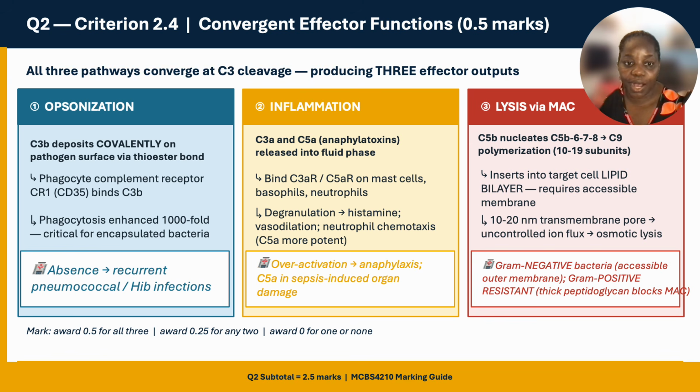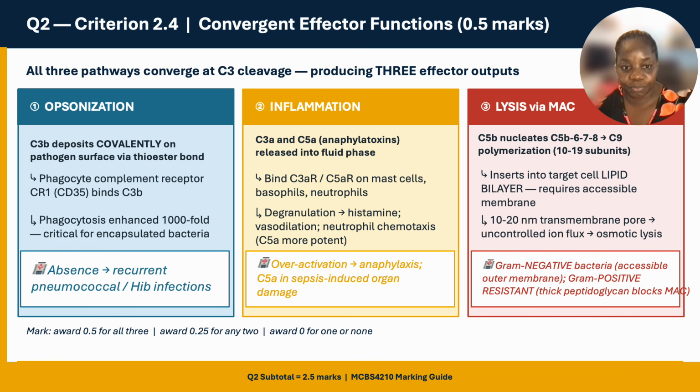So here you have all the three pathways converge to a C3 cleavage, and this convergence will produce three effector outputs. This is how you should write your answer. Now list the effector outputs: opsonization, inflammation, or lysis using the MAC formation.